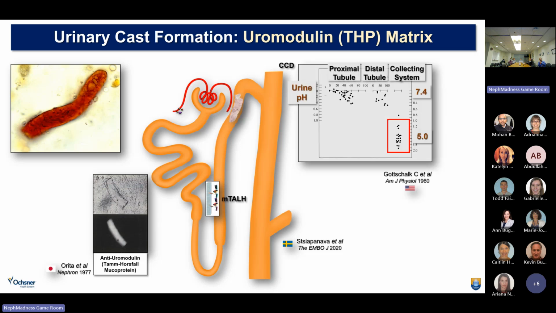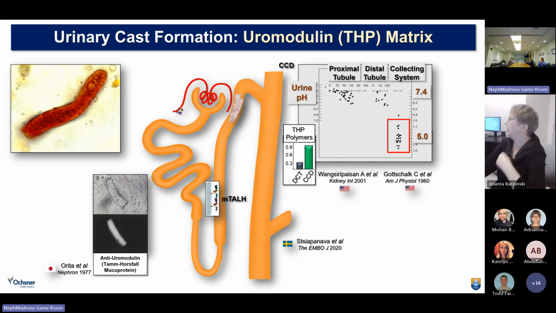Later on, we learned from Karl Gottschalk how acidic pH is associated with more formation of casts. Then we learned from the work from Bob Schreier's lab in Colorado how some proteins can form polymers, and once the polymers are formed, that's where the matrix of the cast starts, and it is favored by a urinary solution that contains sodium and urea.